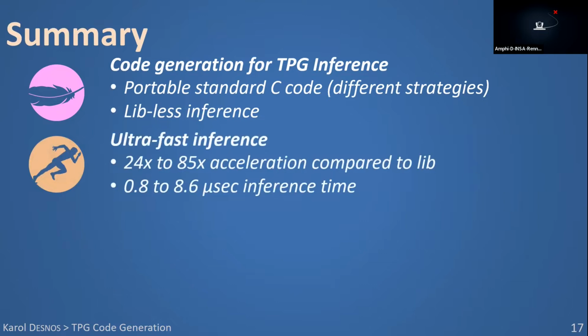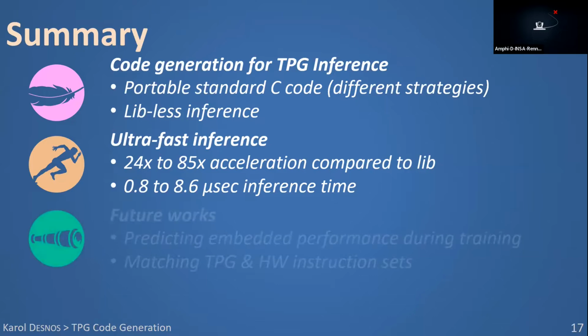Then we have shown that the generated inference code is very fast, especially compared to the framework, because we go between 24 times and 85 times faster, depending on the platform, than the inference with the framework. For information, one inference of the graph takes between 0.8 and 8.6 microseconds, depending on the platform, which is quite fast.